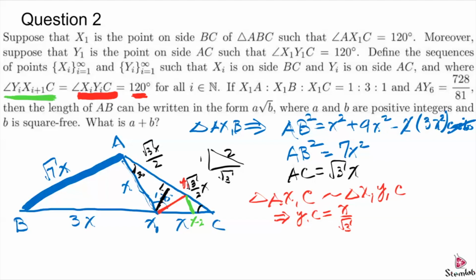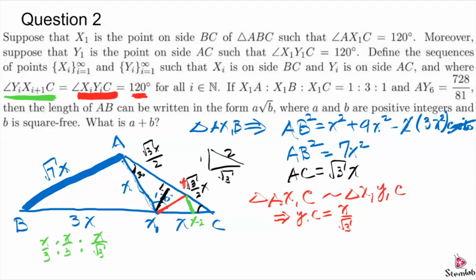So now it's also similar. But now the base of the isosceles is x root 3, right? And as it was a while ago, we divide everything by root 3. That's the ratio of the similar triangles. So that's basically x over 3.